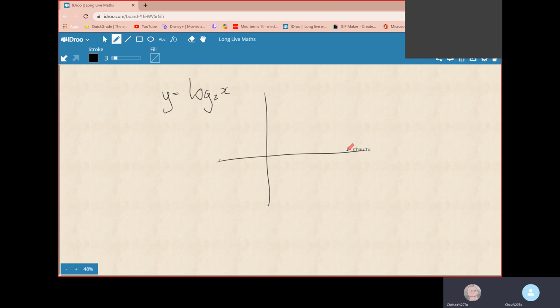To picture this in your mind, you've got to picture 3 to the power of x, which looks something like this, just slightly steeper.